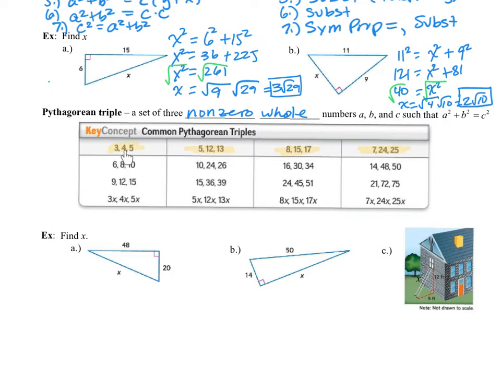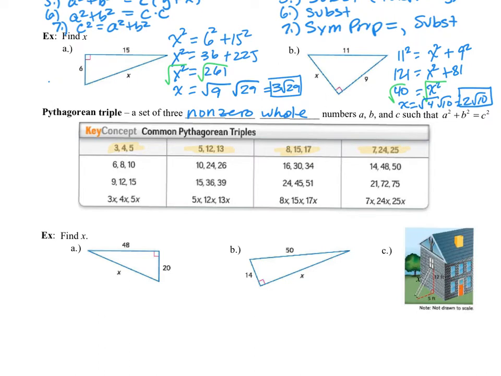If I multiply them all by 3, I'd have 9, 12, 15, which is another Pythagorean triple. 9 squared plus 12 squared equals 15 squared. So if I take 3, 4, and 5 and multiply them all by the same number, the resulting three numbers will also be a Pythagorean triple, okay? That's true of all these. If 5, 12, 13 is a Pythagorean triple, and you multiply them all by 2, then 10, 24, 26 is a Pythagorean triple, and so on, okay?